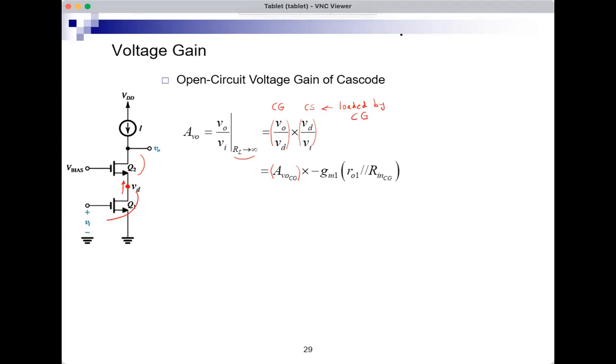So one way to look at this is the common source, VI, VD, and then this is going to a new stage, which looks like, I will redraw it, this. The common gate, okay, with this at DC, and this is the final output. And the input of the common gate is at the source of Q2.